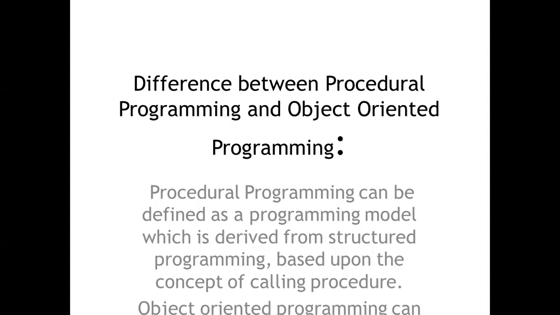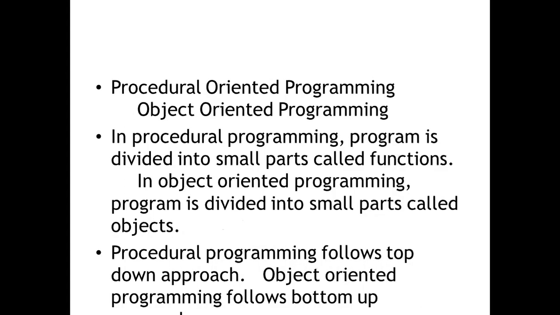Procedural programming can be defined by functions and object-oriented programming can be defined by objects. So let's start the difference between object-oriented programming and procedural programming. In procedural programming, the program is divided into small parts called functions.